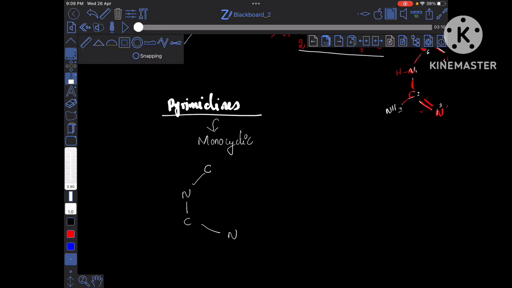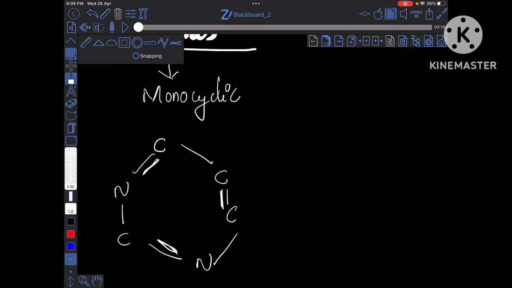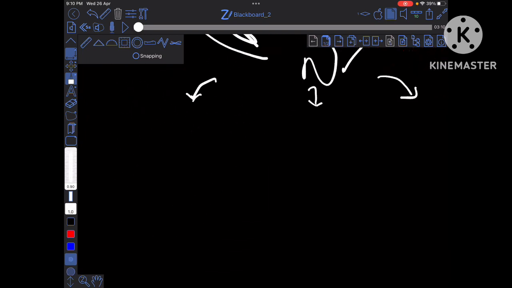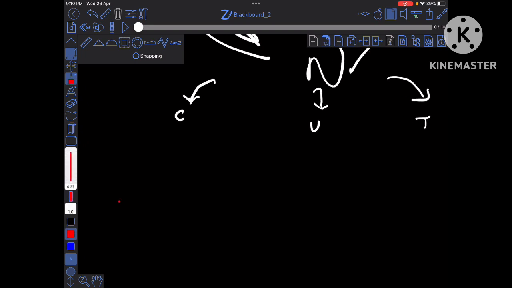On the left side the carbon and nitrogen alternate, on the right side only carbon residues, and the double bonds also alternate. That's it. This is the general structure of pyrimidines. There are mainly 3 types of pyrimidines, right? Cytosine, uracil and thymine. I'll draw the general structure of all these pyrimidines together.